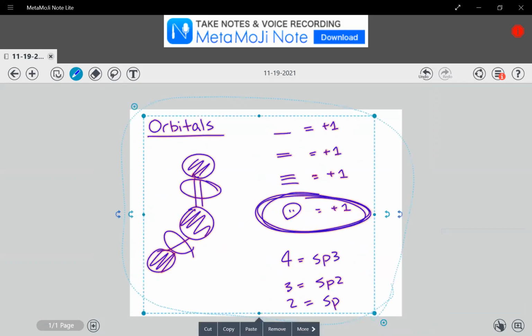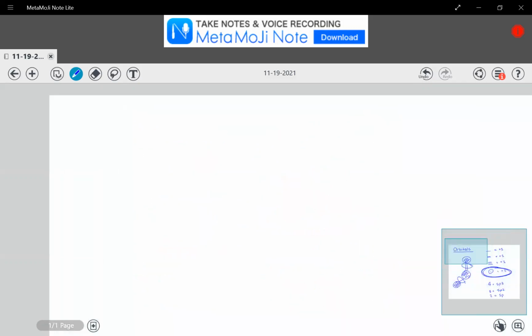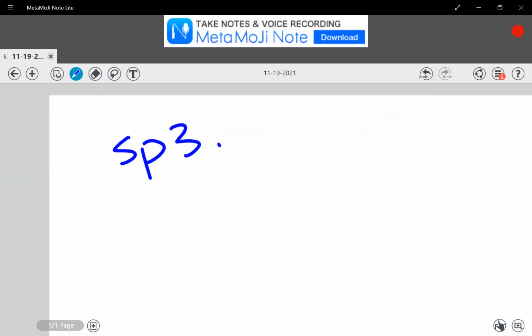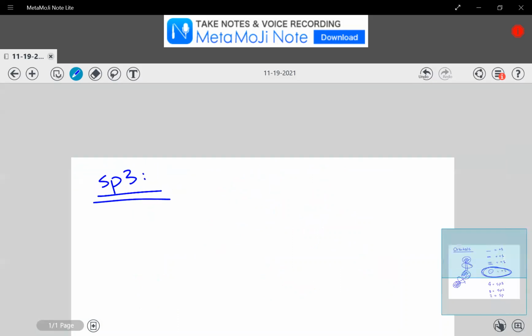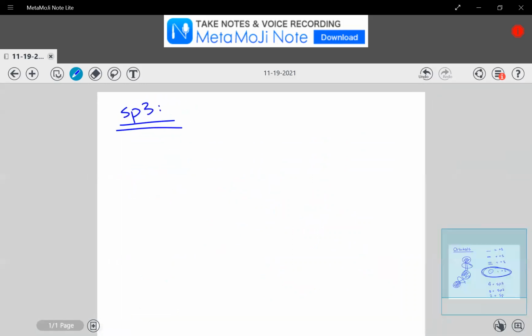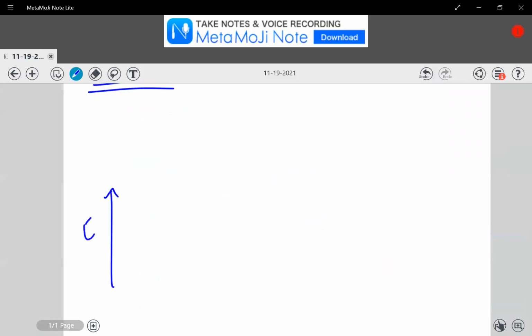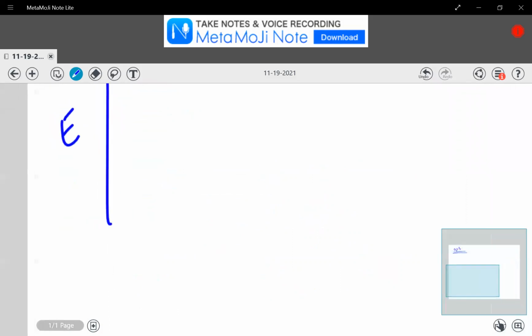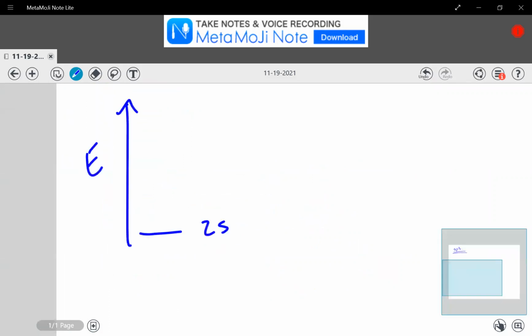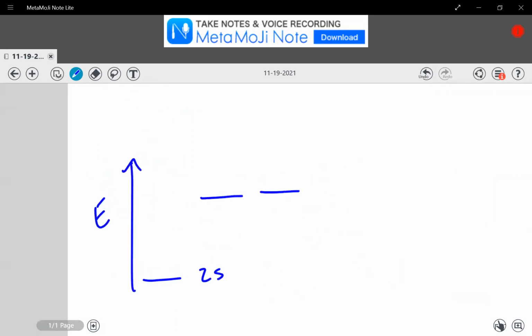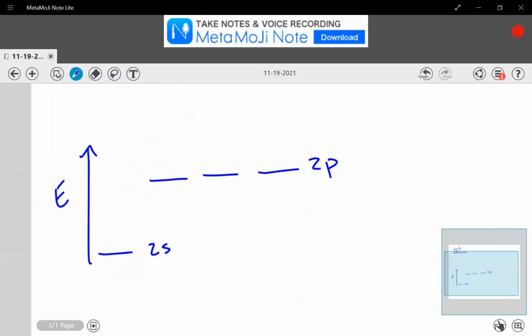All right. So we've got our sp3. sp3 happens when one s orbital combines with 3 p orbitals. So what's going on is that we've got our little quantum energy continuum, whatever. Got our 2s, and then we've got our 2p, or 3p, or 4p, or whatever, so on and so forth. Point being, we've got an s and some p's, and they've got energy levels right here.